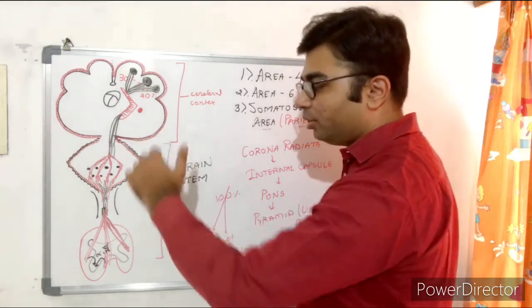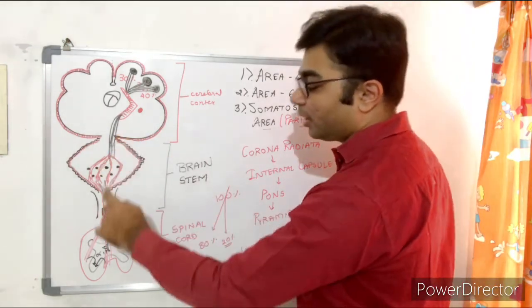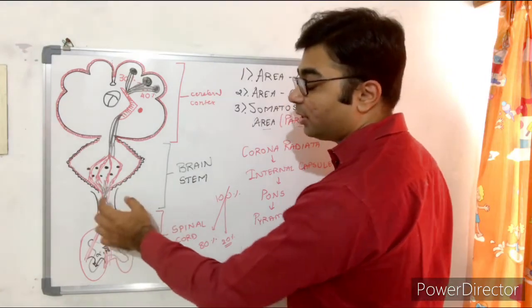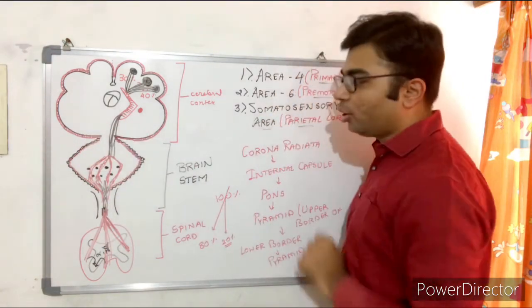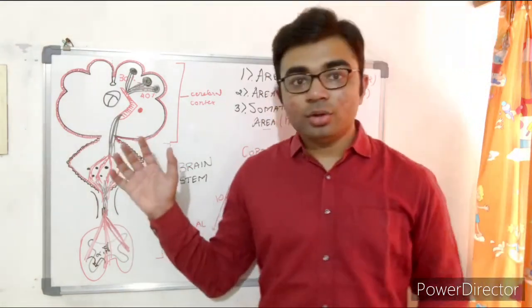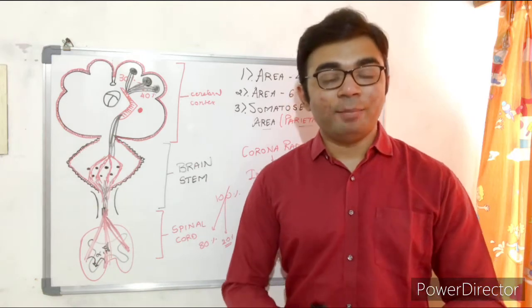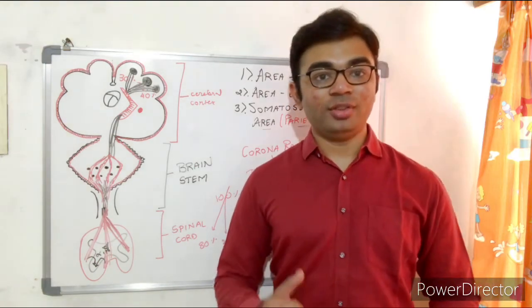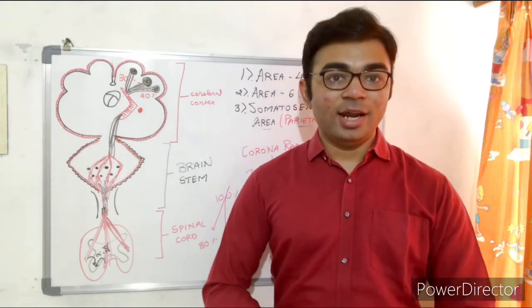Depending upon the symptoms, you may categorize the lesion, whether it is present at the level of the brainstem or at the level of the cerebral cortex. For now, this is out of the scope of this video, but definitely I will make a video on the applied physiology of the pyramidal tracts.